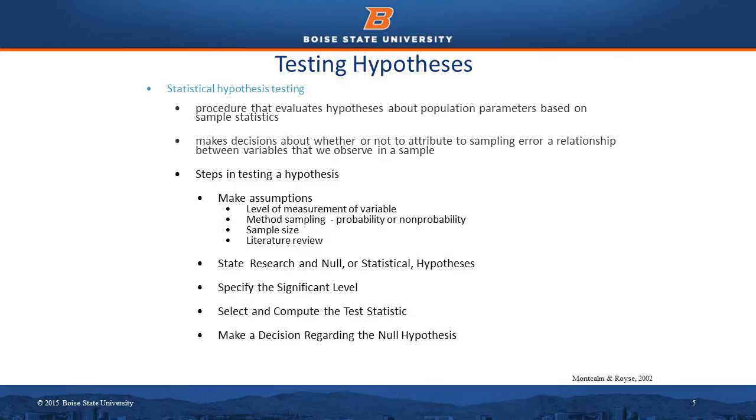Make assumptions by considering the following: level of measurement of variable, method of sampling, probability or non-probability, sample size, and literature review. Step 2. State the research or null hypothesis. Step 3. Specify the significance level. Step 4. Select and compute the test statistic. Step 5. Make a decision regarding the null hypothesis.